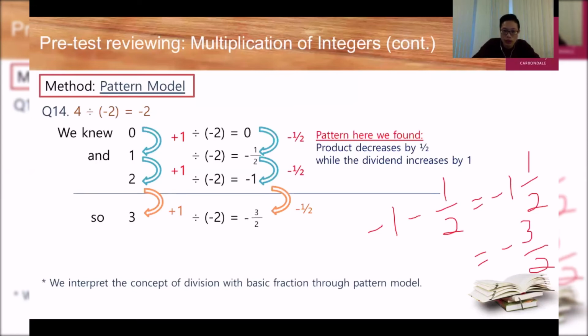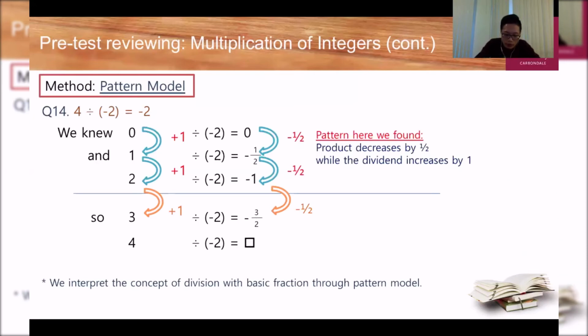Okay, so let's move back to our question here. So 4 divided by -2. When dividend increases by 1, the product will decrease by 1/2. So the product will decrease from -3/2 by 1/2.